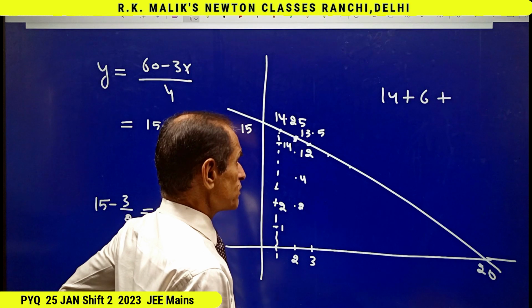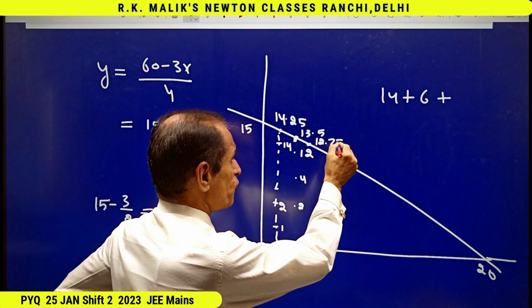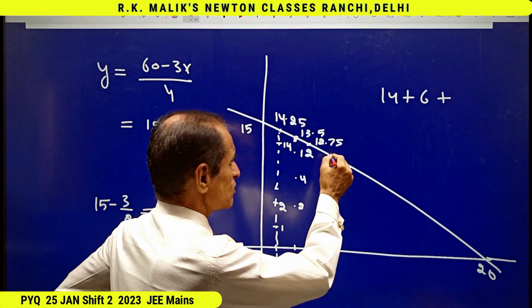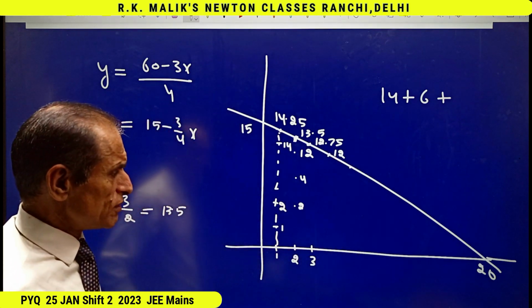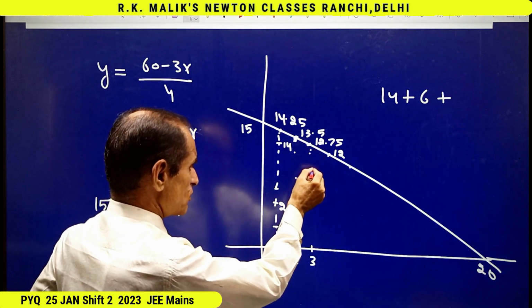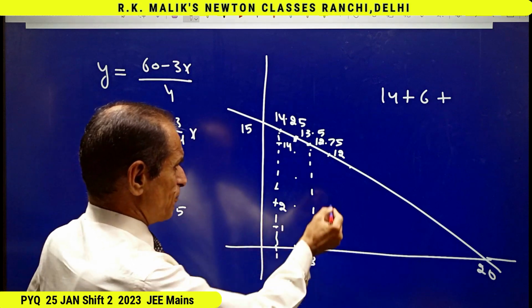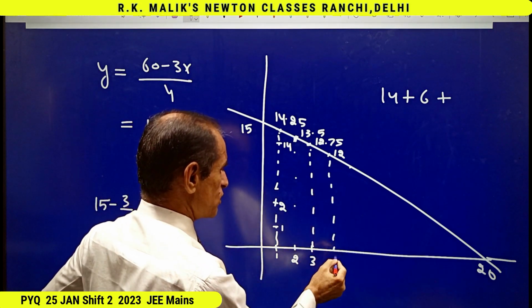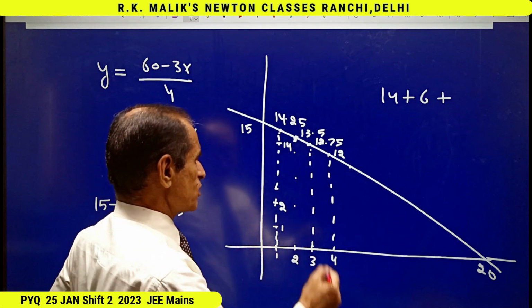This will become 12.75. This point will become y coordinate 12. That is the points of this line. And the points of this line, for 4, y coordinate will be 12.